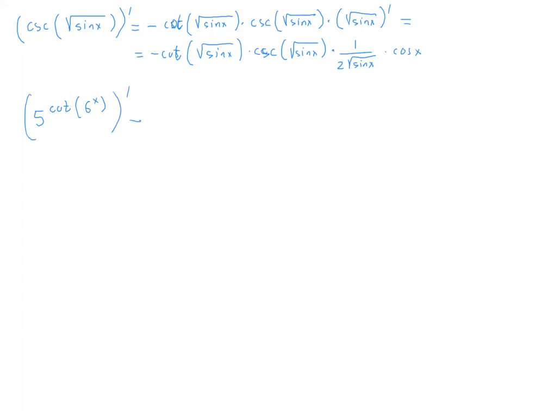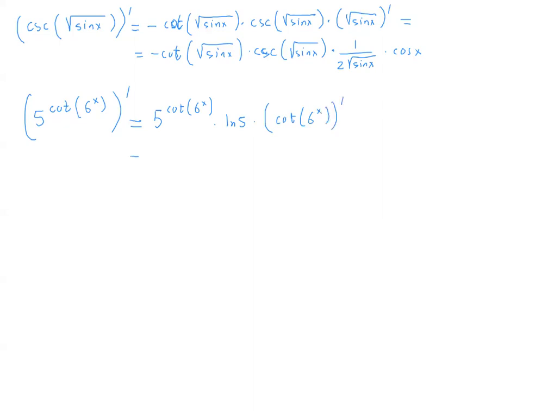We're going to designate cotangent of 6 to the x as our y. So this will be 5 to the y times ln 5 times the derivative of cotangent of 6 to the x.